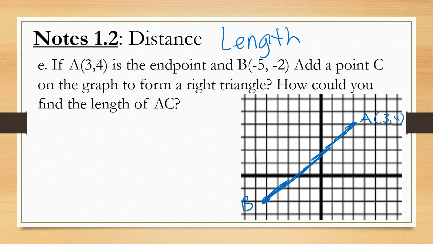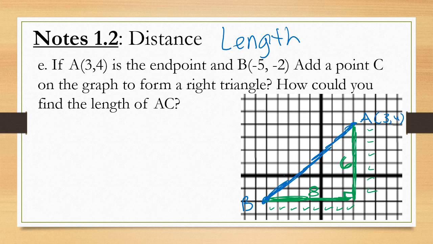Now, we can't exactly count squares because we're on the diagonal, but we can triangulate it. I can drop straight down from point A and straight over from point B, and what that makes is a right triangle. Now that I have my horizontal and vertical distance, you could technically count 1, 2, 3, 4, 5, 6, and this length is 6, and 1, 2, 3, 4, 5, 6, 7, 8, and this side is 8.